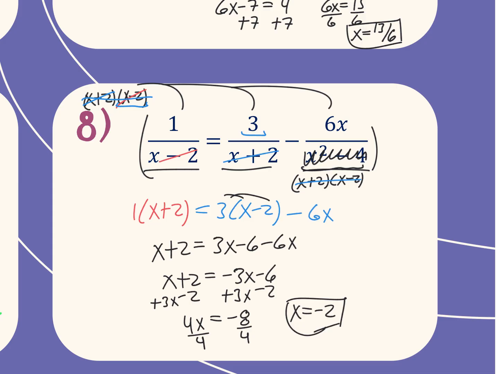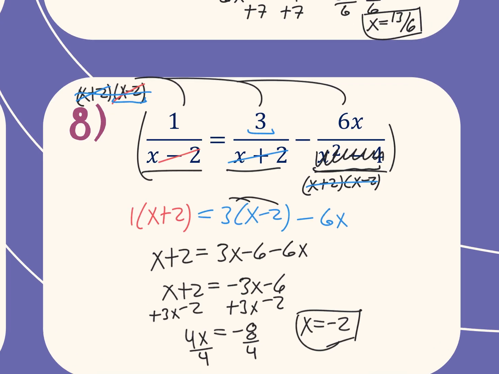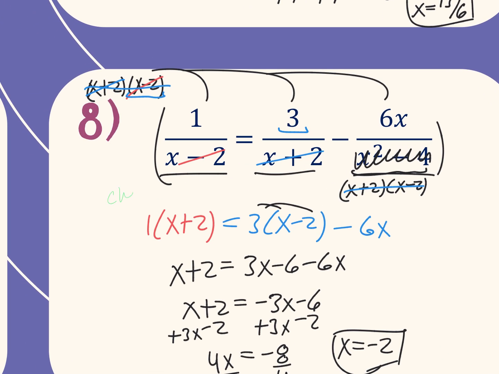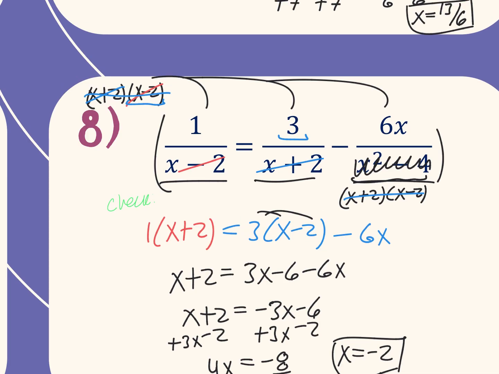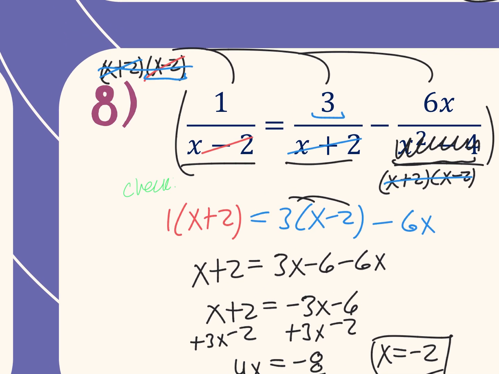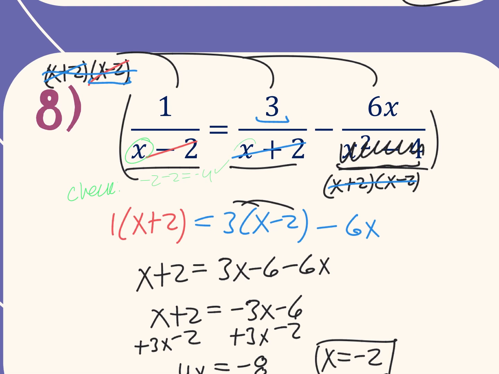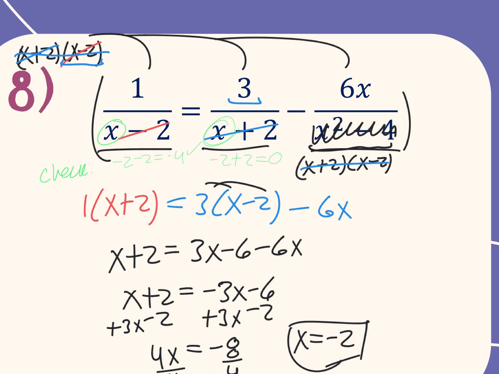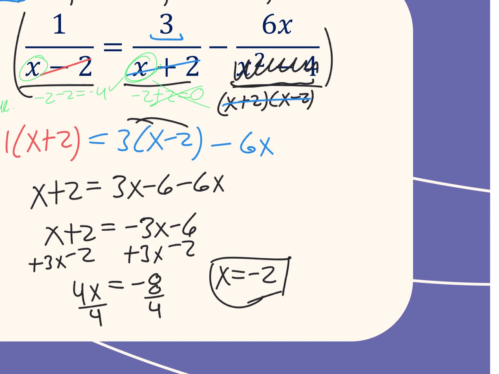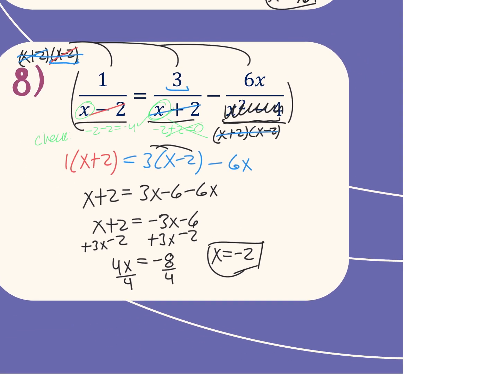All right. Now when you check this one, right, so I'm going to check. The check over here, when I plug in a negative 2 over here in this denominator, that gets me a negative 2 minus 2, which is negative 4. That's okay. But when I plug it in over here, I get a negative 2 plus 2. That gets me 0, right? That is not okay. So as long as it shows up once, it doesn't matter which denominator it shows up in.